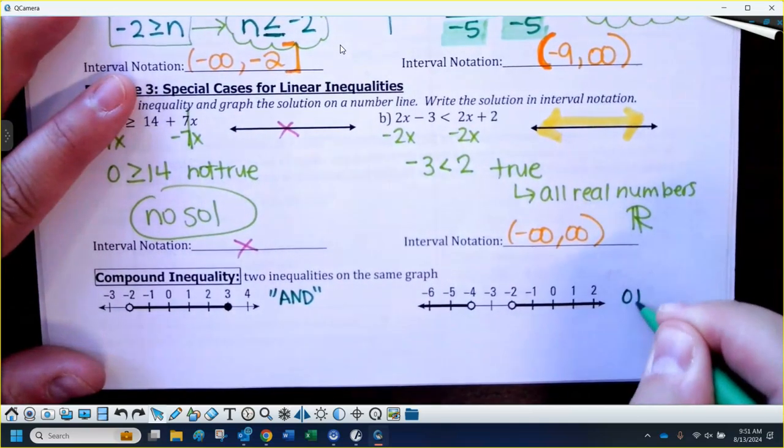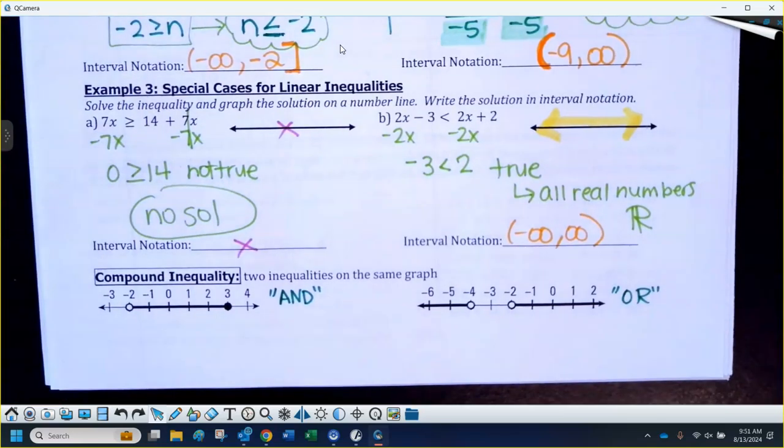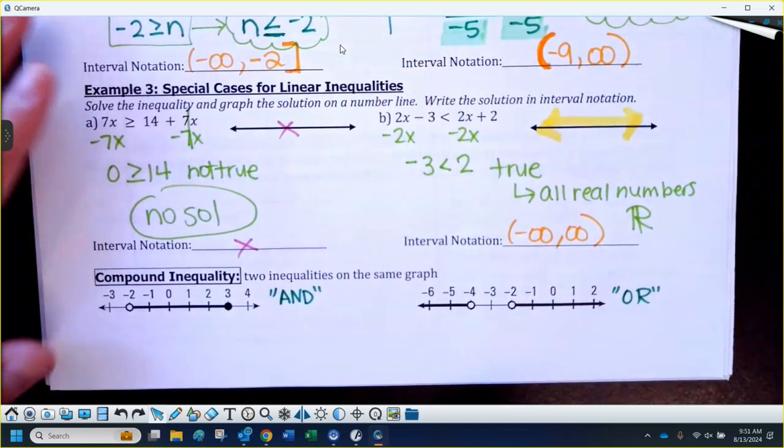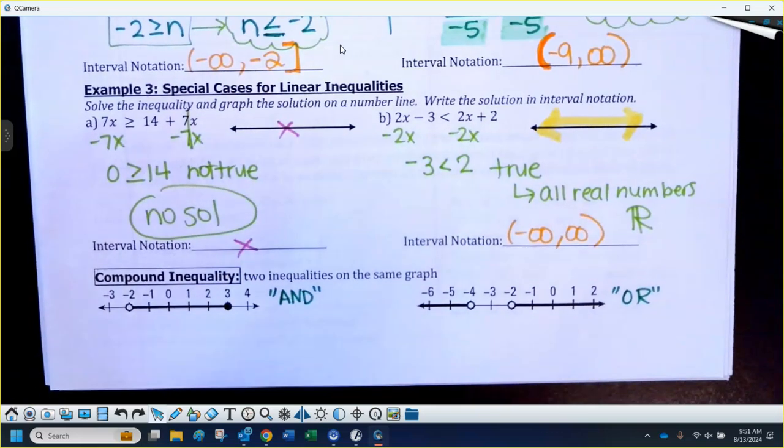And then the one next to this is what we would call an OR statement. Two inequalities on the same graph, and you can satisfy one or the other. When you have an AND inequality, your solutions have to satisfy both. Okay. So I prefer this notation, and I would recommend you do this.